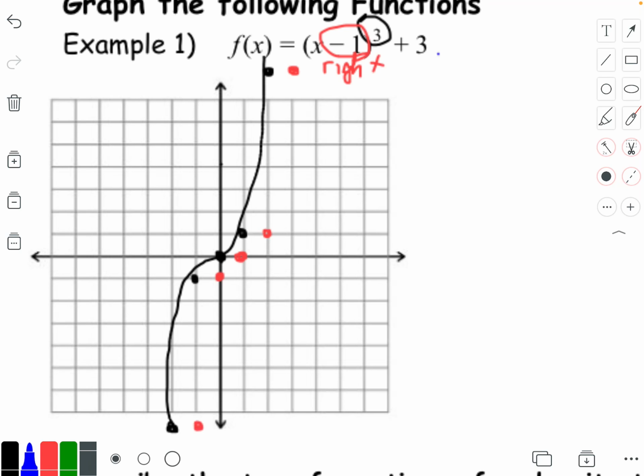All right, then we're going to look at our +3. That means that we're going to take each one of these points now, and we're going to move them up 3 spaces. So this one's going to go way up here, and then 1, 2, 3. This one's going to go here, 1, 2, 3 here.